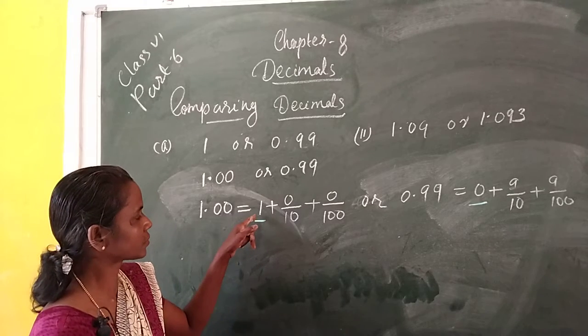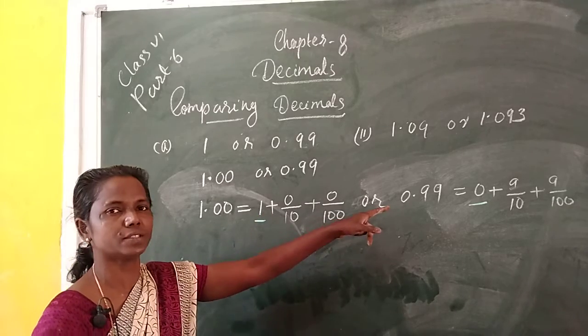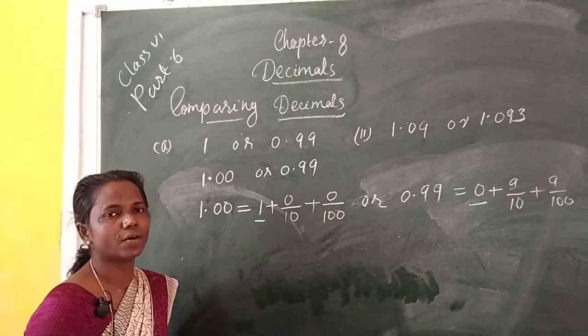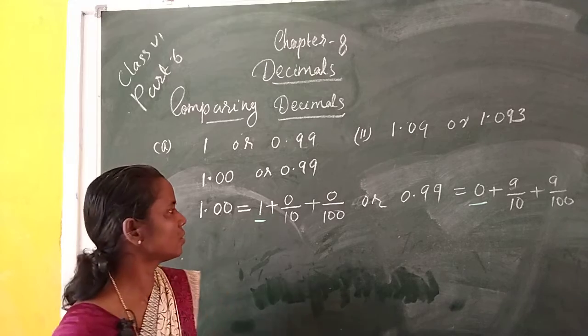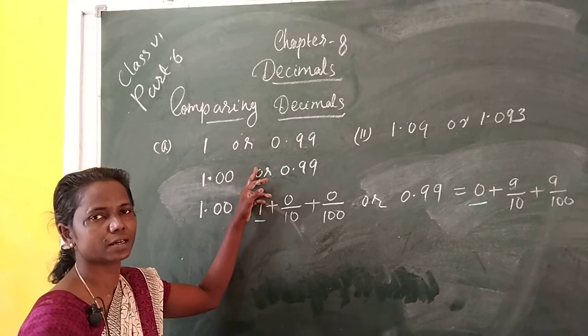Look, 0 and 1, which is greater? 1 is greater. So we can say 1 is the greatest number. Is it clear?